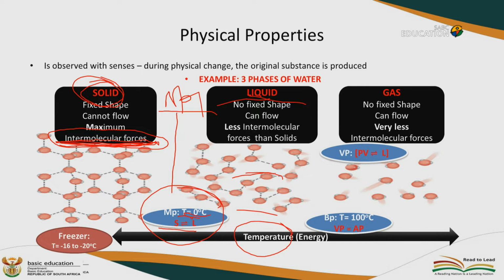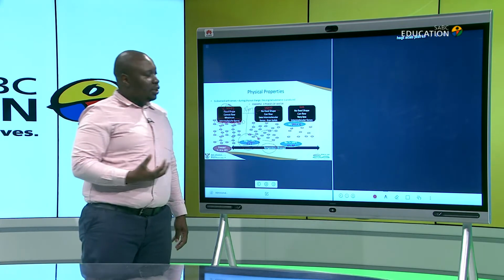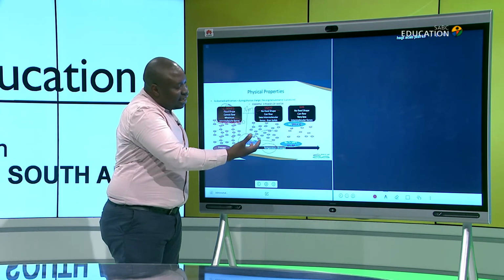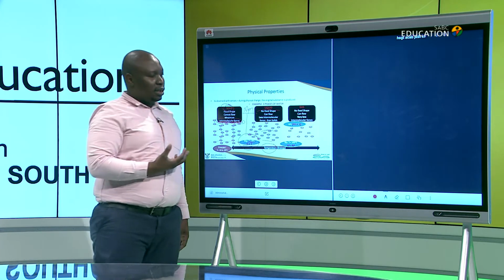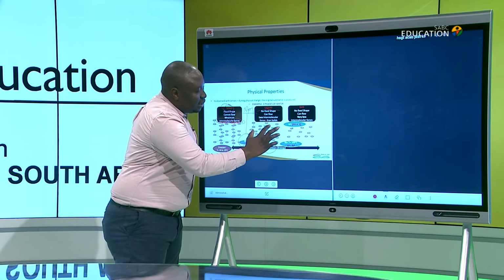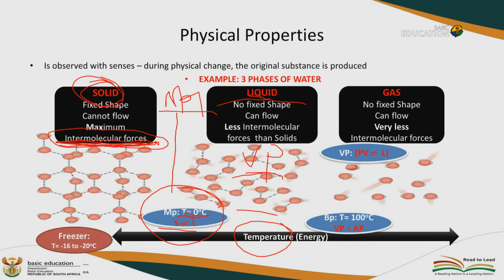You start to have vapor inside your liquid. As the temperature increases, the vapor increases. However, the vapor pressure inside the liquid is less at lower temperatures, but as the temperature increases, the vapor pressure increases.